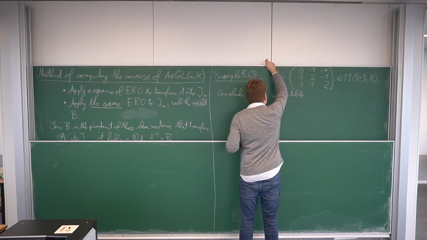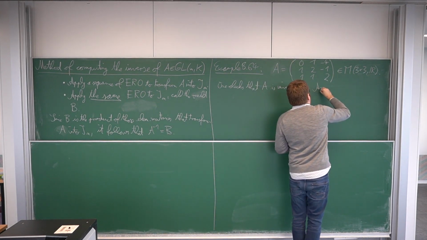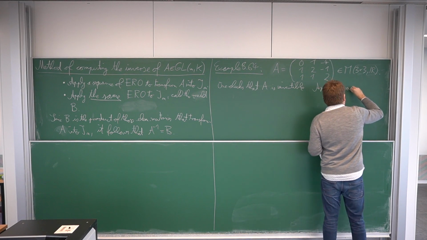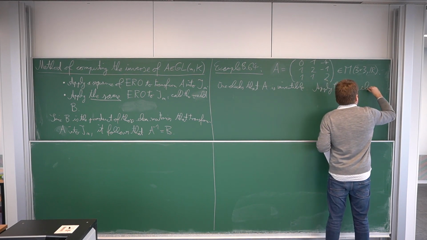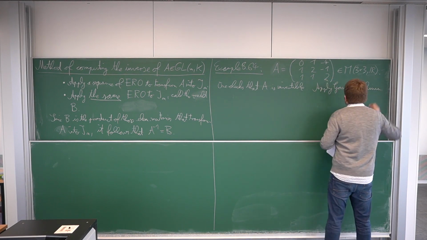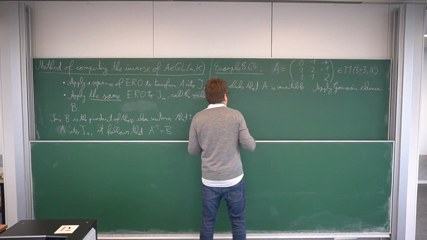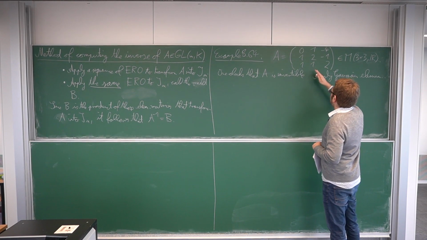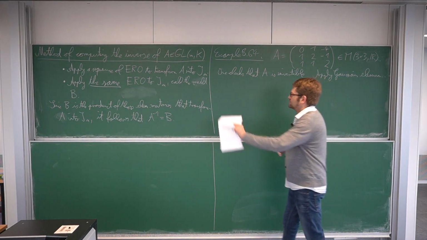So first apply Gaussian elimination, to turn this into an upper triangular matrix. And we do the steps to make this upper triangular and perform the same to the identity matrix.